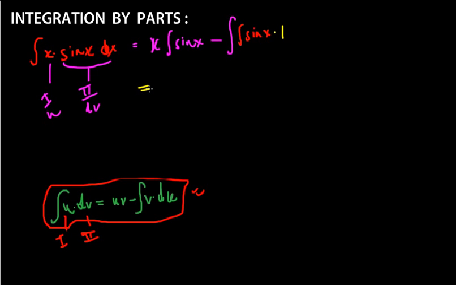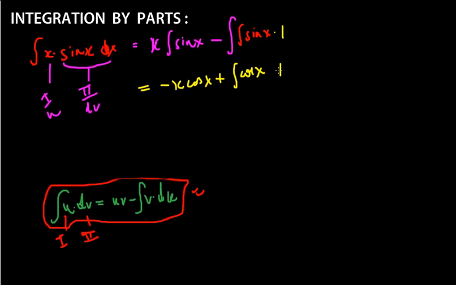So you can see that the integral of sine of x, if you remember, is negative cosine of x. So this becomes minus x cosine of x minus the integral of sine of x, well, that is negative sine of x. I can take the negative out, so this becomes a plus, and this becomes the integral of cosine of x.